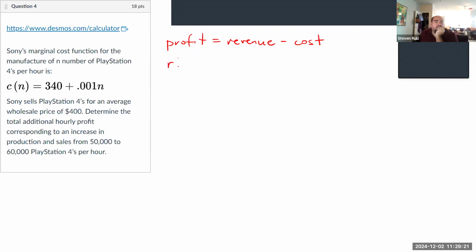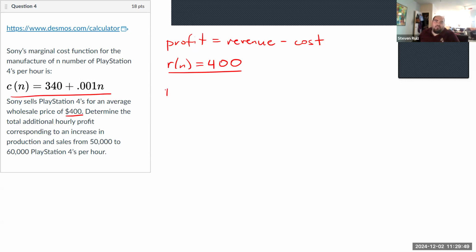We'll call that R of n. Basically, how much money do I make for a PlayStation 4? How much money comes into Sony? On average, $400. So we're basically treating that as a constant function of $400. So that's my revenue function. My cost function is what's given to me, my marginal cost function.